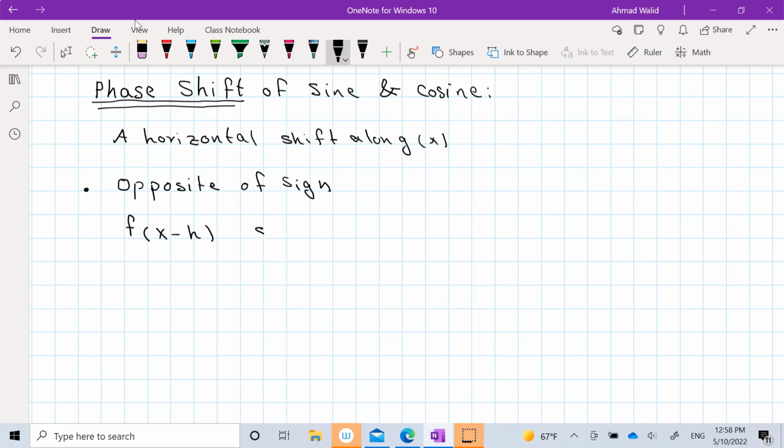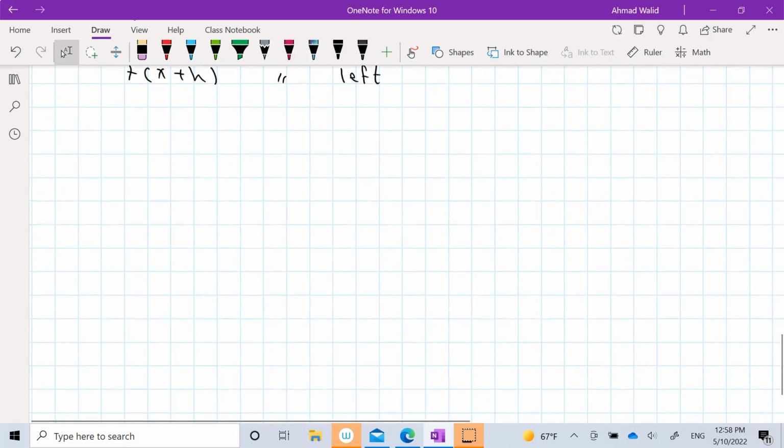You were shifting opposite. Shift right, correct? Everyone thinks it goes left because it's minus h, but it goes opposite. And when you had f of x plus h, shift left, correct?